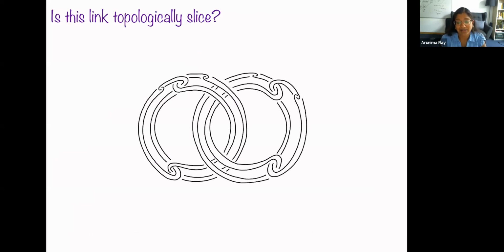And so here's a good boundary link. This is sort of the nicest one. This is the Whitehead double of the Bing double of the Hopf link. It's Whitehead, Bing, Hopf, so all your favorite links are in there. And this is the first good boundary link under some metric. And we don't know if it's topologically slice. It's not smoothly slice.